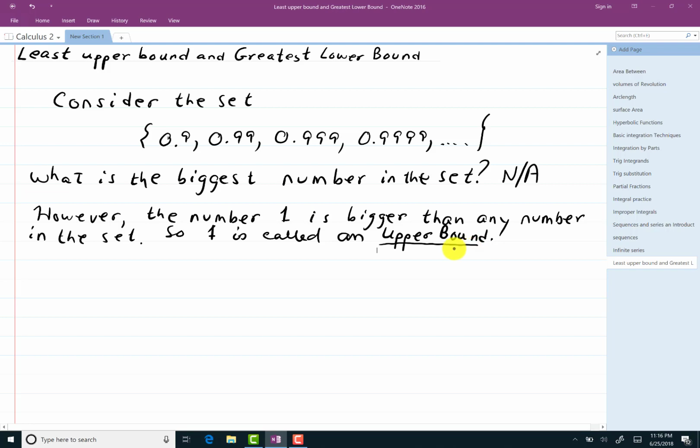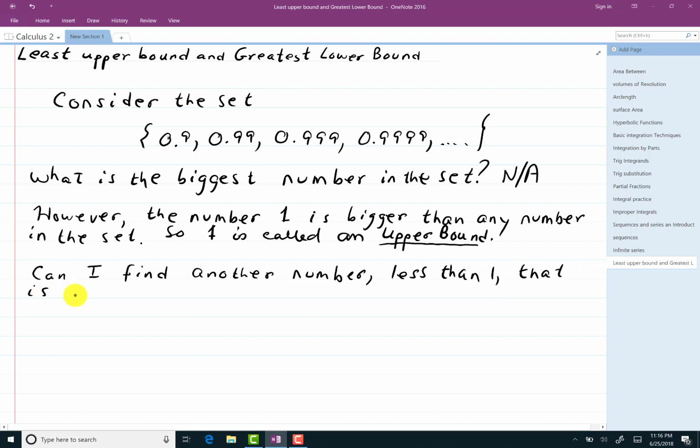Now, next, can I find another number less than 1 that is also an upper bound?